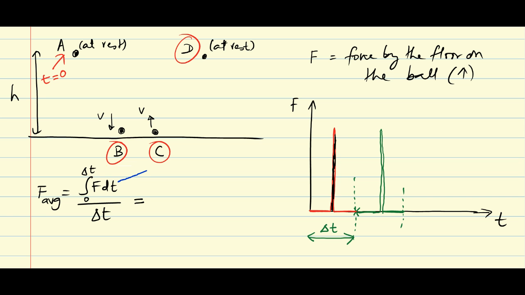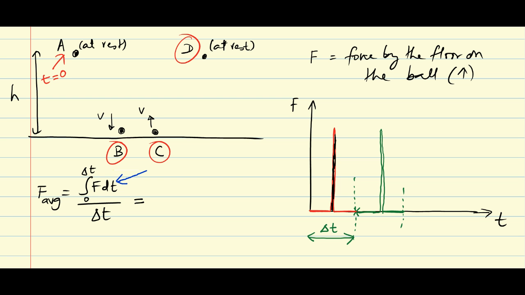Now you know that this is the impulse exerted by the floor on the ball during the collision, and during this collision there is one more force acting on the ball, and that is the weight of the ball.